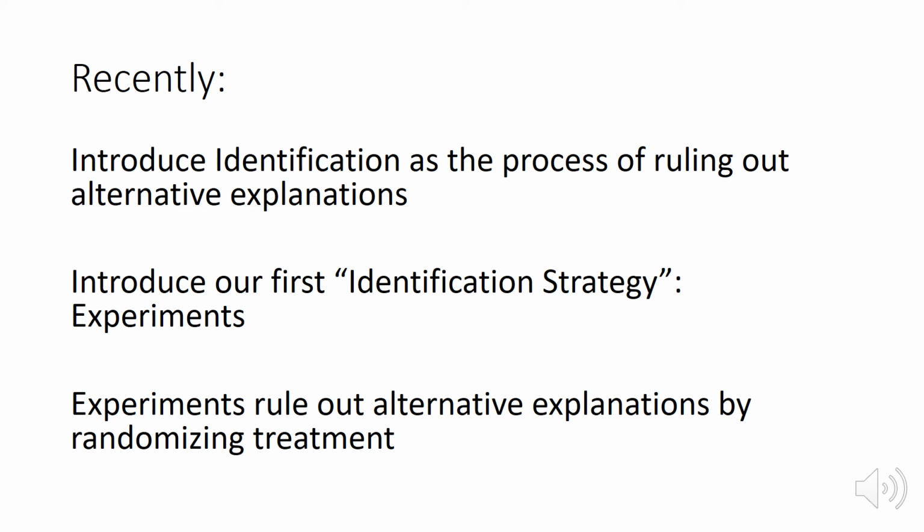In our last lecture, we built on this concept of identification strategies of ruling out alternative explanations by introducing a very powerful one, experiments. In an experiment, you randomize groups between treatment and control. So it's a very compelling way of ruling out alternative explanations.